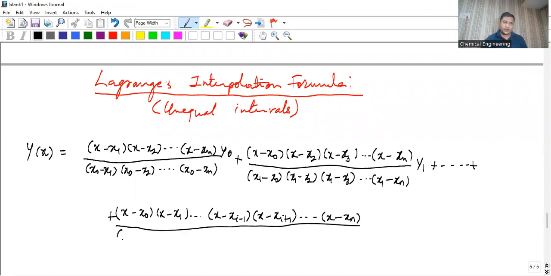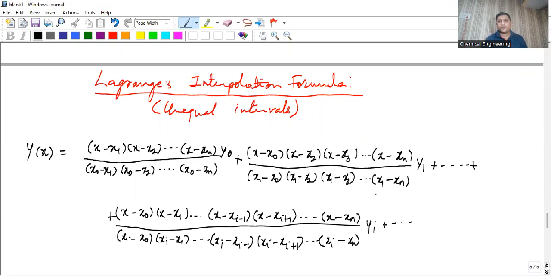In the denominator, we have (xi minus x0)(xi minus x1), and so on up to (xi minus xi minus 1)(xi minus xi plus 1), and so on up to (xi minus xn), and this is yi.